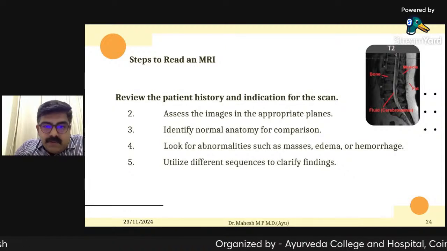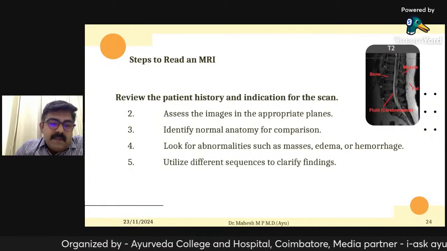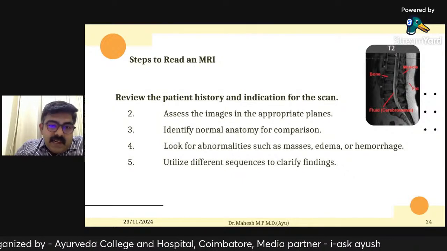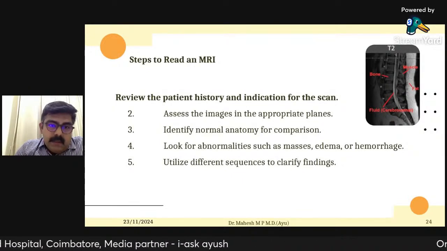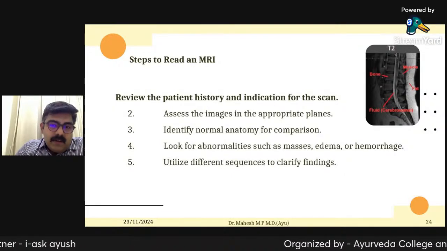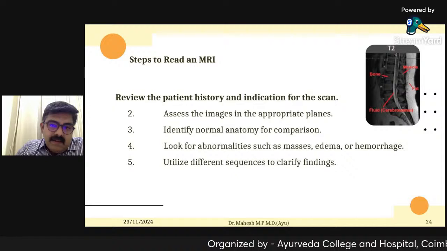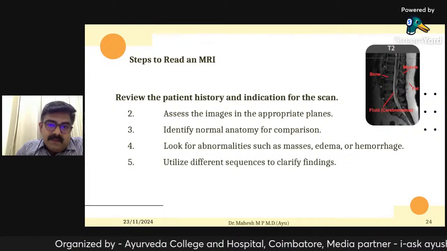Next are the steps to read the MRI. First and foremost, review the patient history and the identification for the scan, which is very important. Not all investigation reports are always correct.